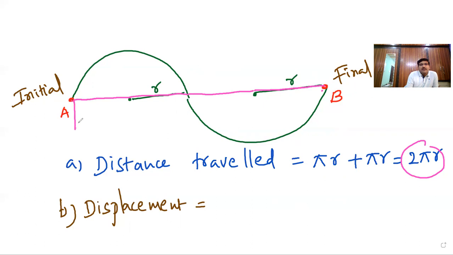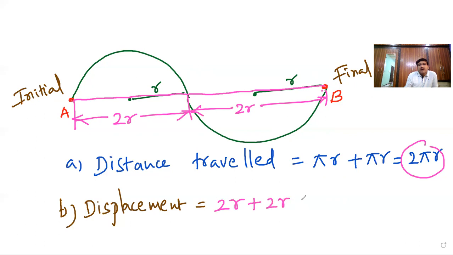So this is the complete length of the straight line joining the initial to the final position. The radius is r, so the diameter is 2r. Year to year, 2r, and again 2r. So from initial to final position, 2r plus 2r, 4r is the displacement.